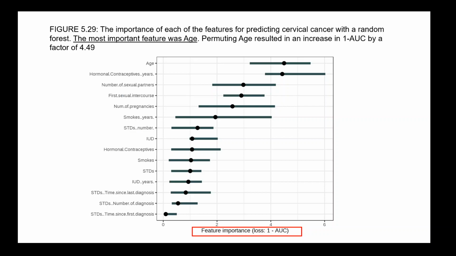In this case, the age and hormonal contraceptive years are the most important features with a factor around 4.4. There are some features with values less than 1, which makes me think that those features are even harmful for the error estimate.